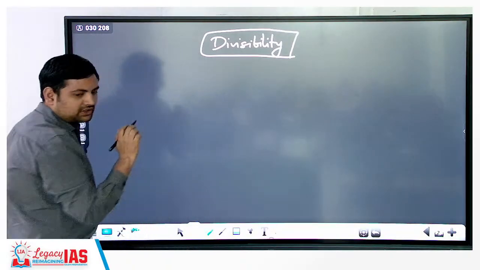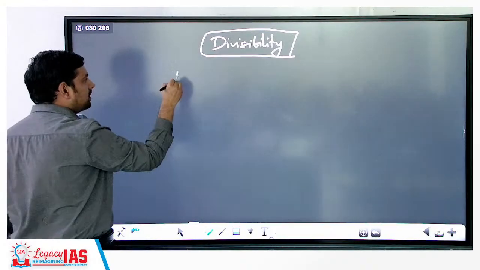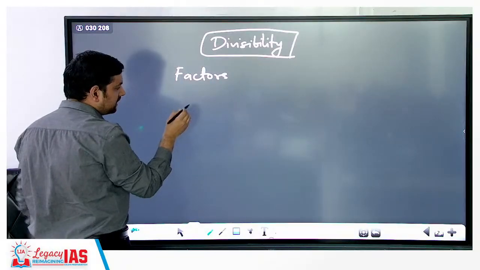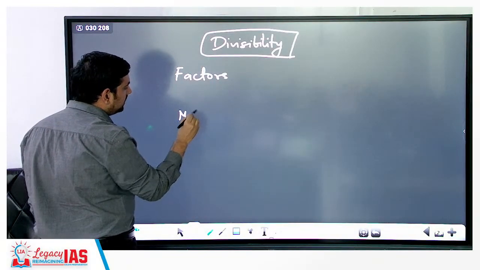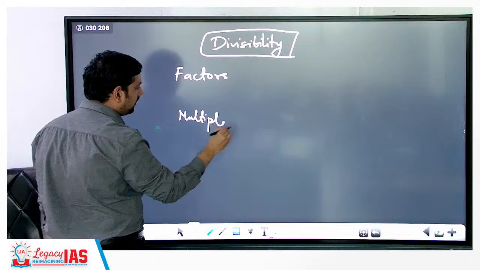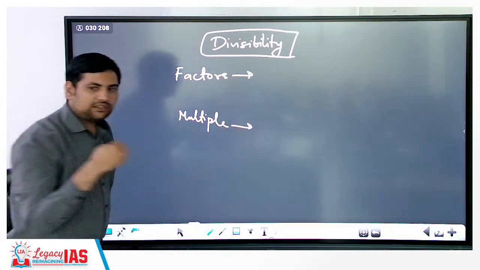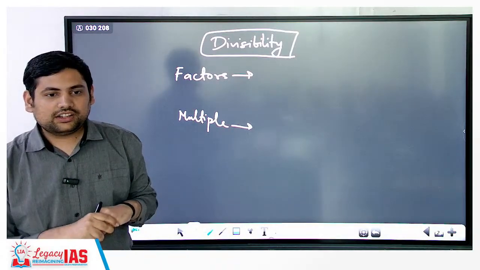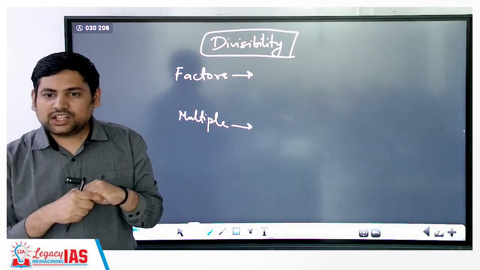Now, there are 2 terms that you need to understand here before we get to divisibility rules and all that. One is factors and other is multiple. What are factors? A factor is something which divides a number completely.